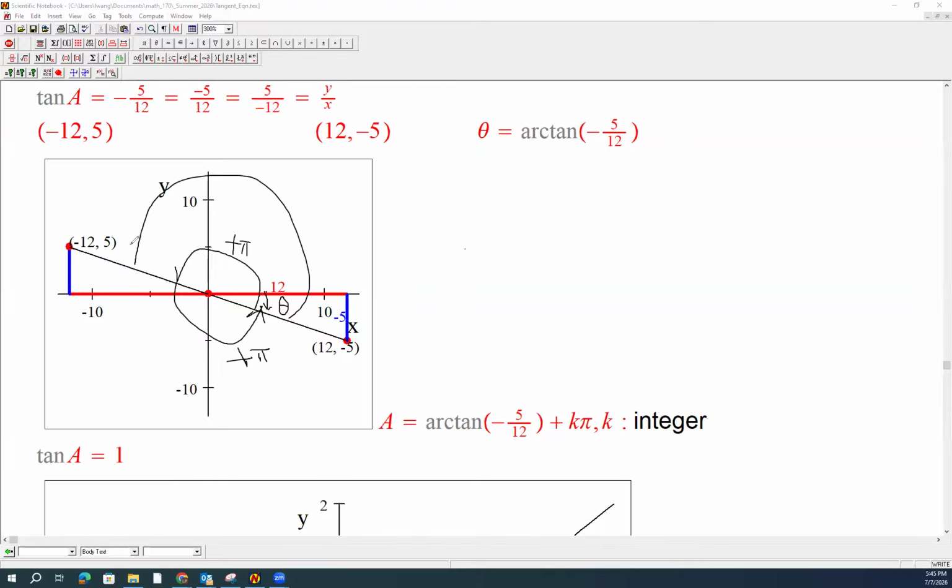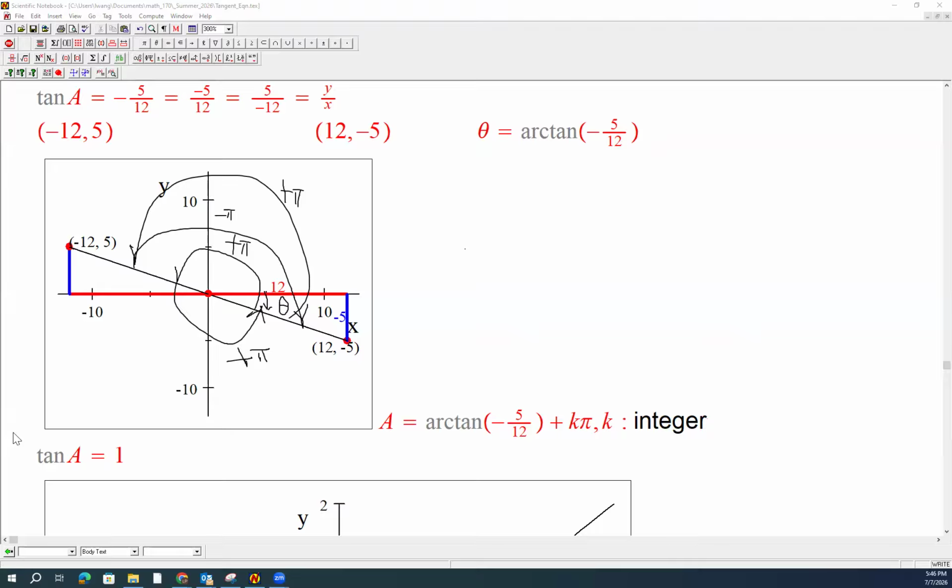We add another pi, or we subtract a pi. We can do that. So you're really just bouncing back and forth between these two terminals. And we will be able to find all the angles that have a tangent equal to negative 5 over 12. Okay, so this is the basic method.